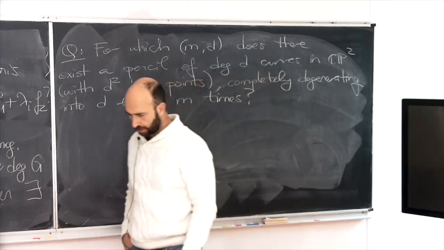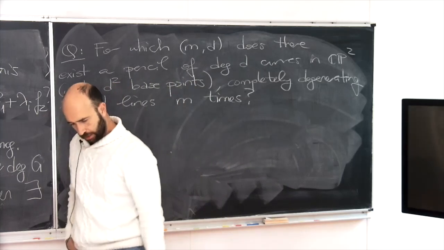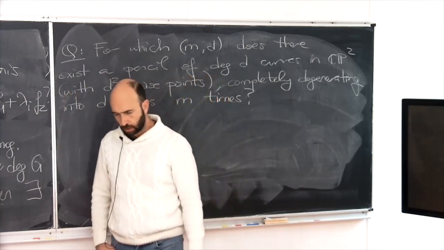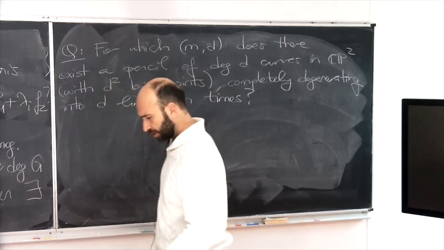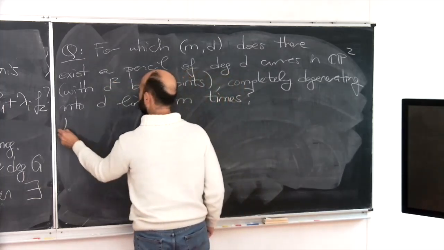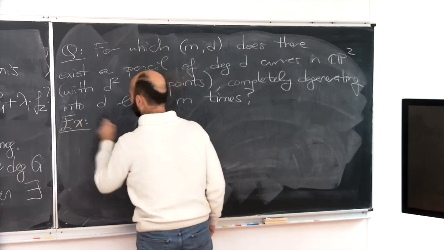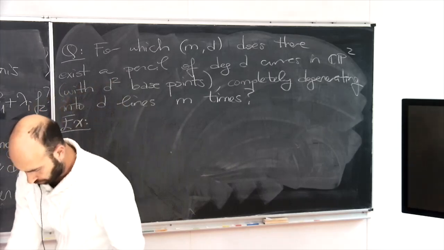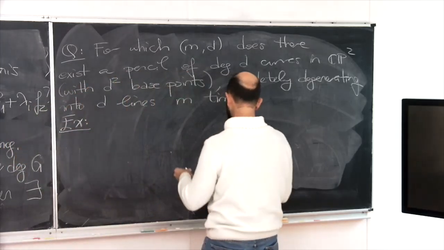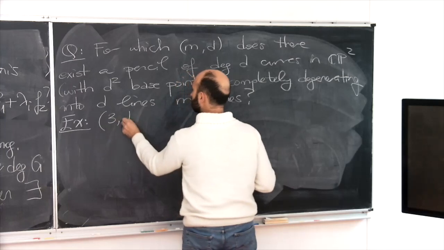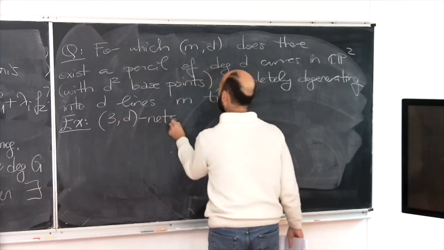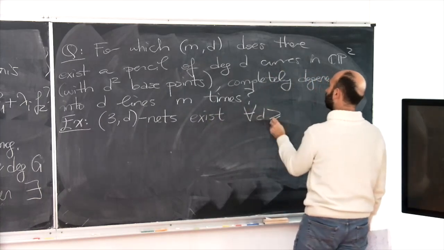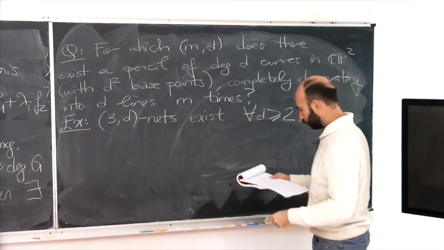Okay. Now, as we'll see, there are some restrictions on these numbers. So maybe the first thing to note is that if m is equal to 3, for every degree at least 2, you have examples. So this example aims to show that 3-d nets exist for all d greater than or equal to 2.